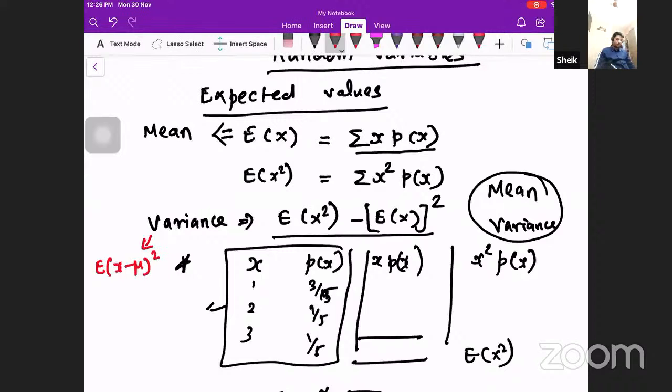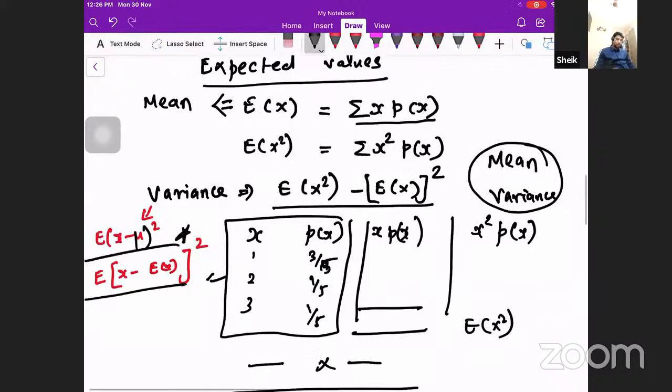Or the same formula can be written as expected value of (X minus expected value of X) the whole square. We can write it in both ways, my dear.